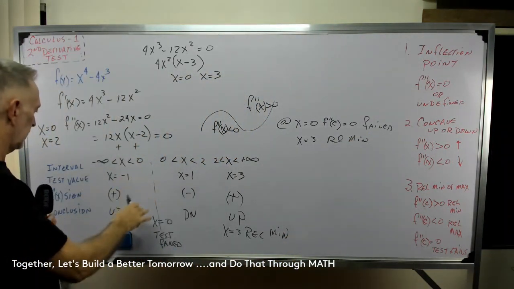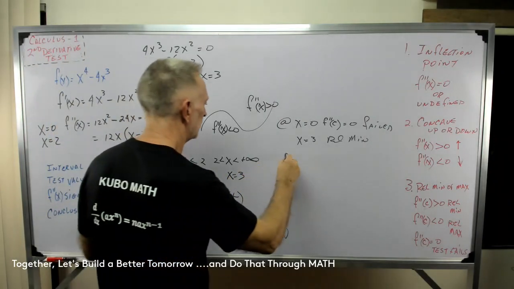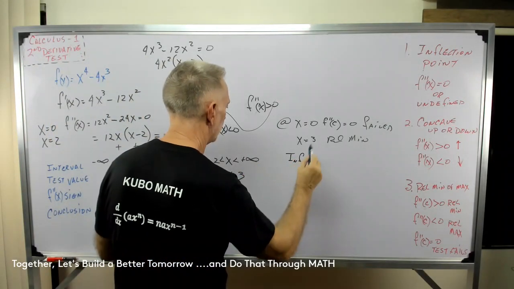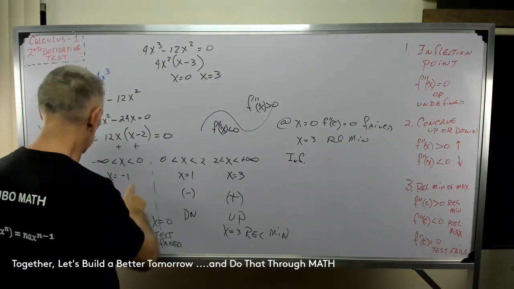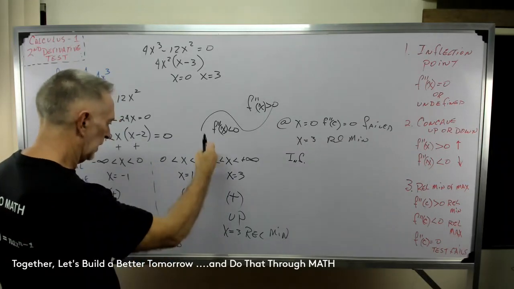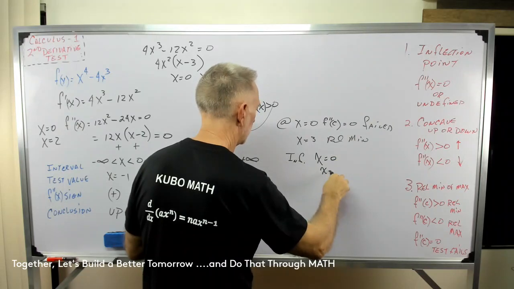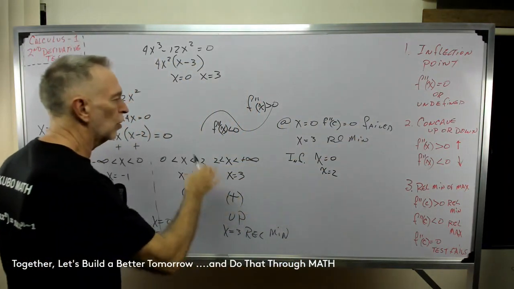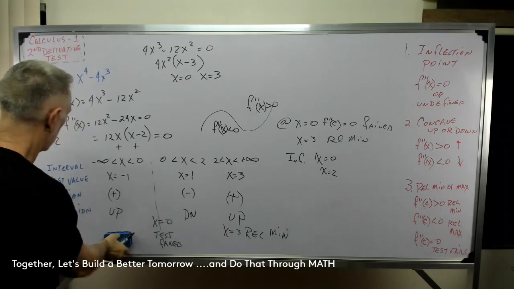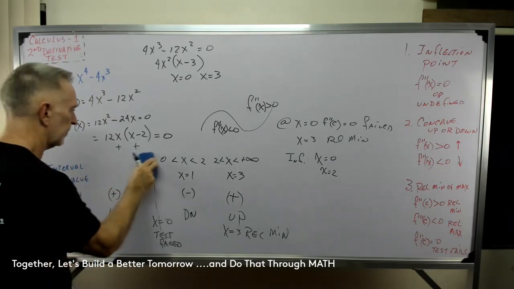Okay, what else did we know here? Inflection points. Inflection points were at 0 and 2. All right, that's what we've learned so far. All right, I'm going to erase this.